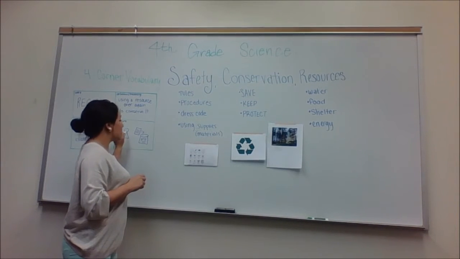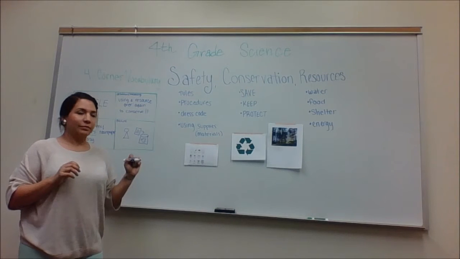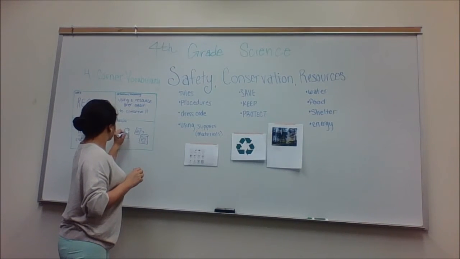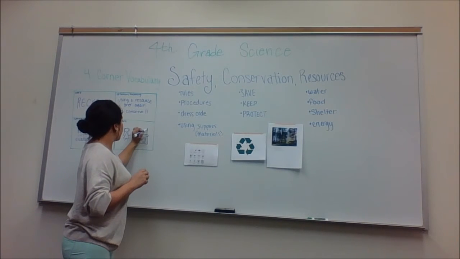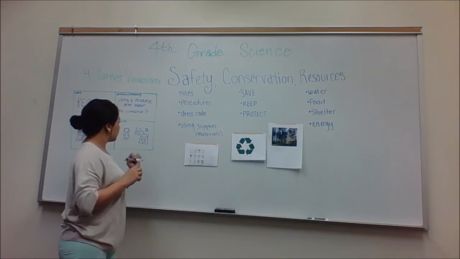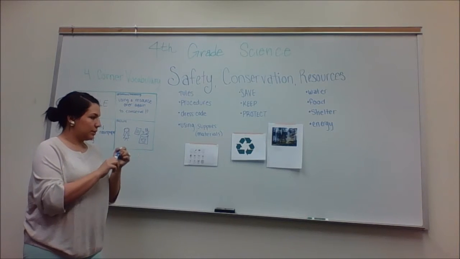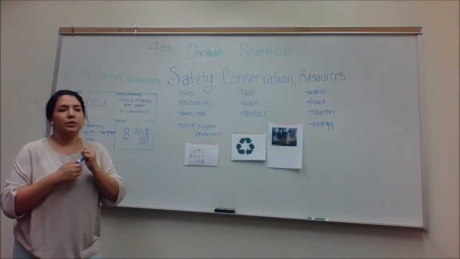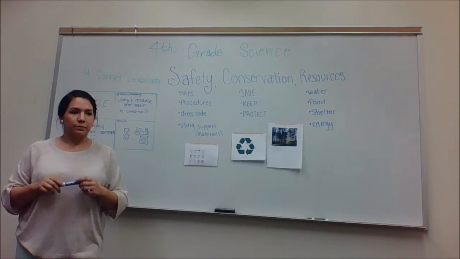Any other pictures we could do? Yes. The Coke cans or soda cans or bottles. Right, so we can also draw a soda can right here. And that is also going into the recycling. So that's a really good picture. Does everyone understand how we're using our four-corner vocabulary in our journals?